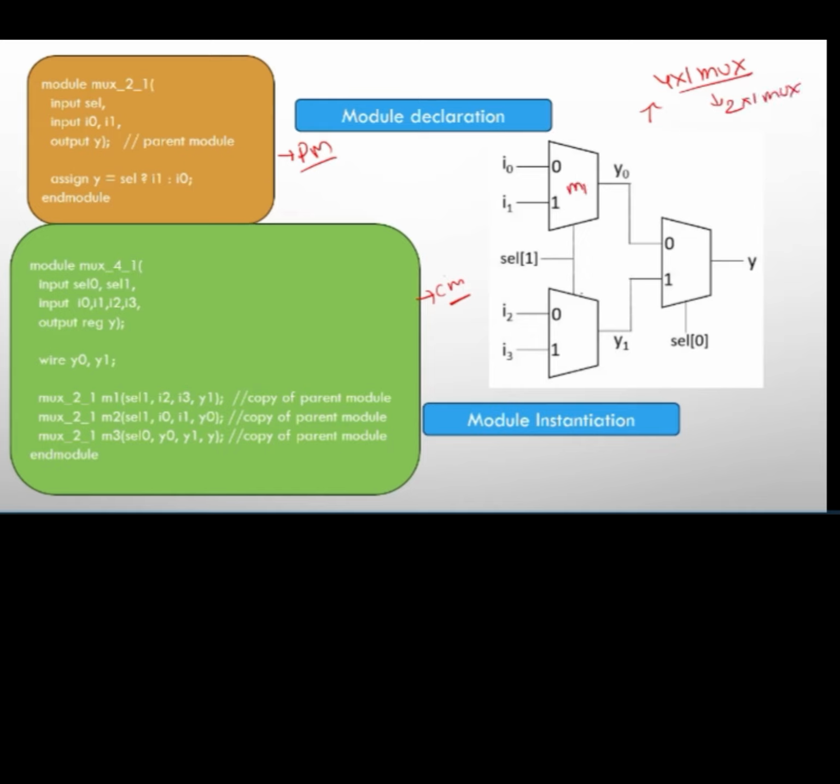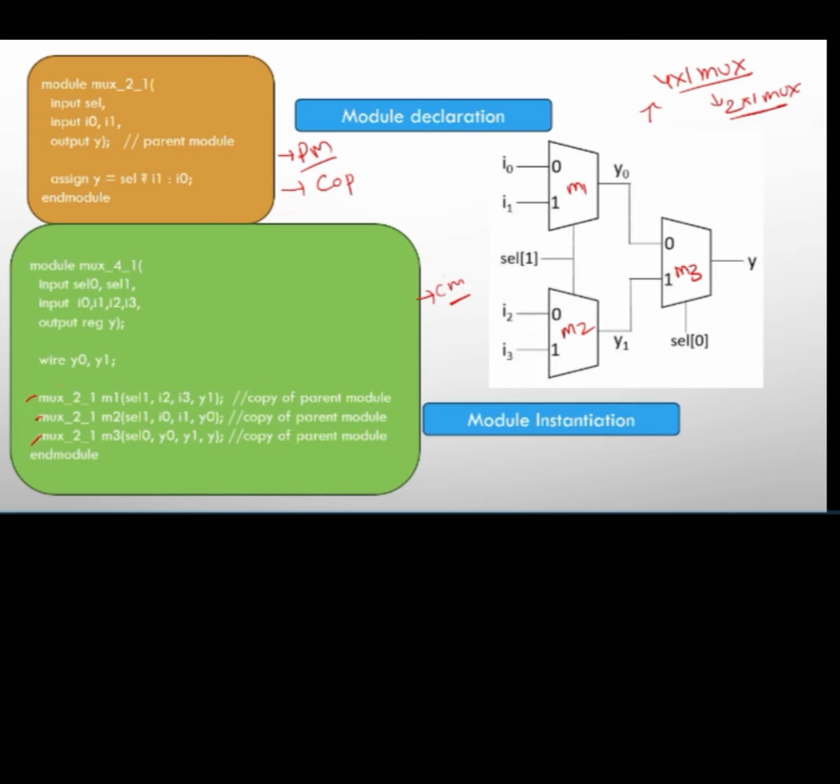So this is my mux 1, mux 2 and mux 3. What I'm doing is writing a simple 2 by 1 mux code, and then copying it 3 times here. I have already discussed this copying in the previous classes, you can go there and check it out.